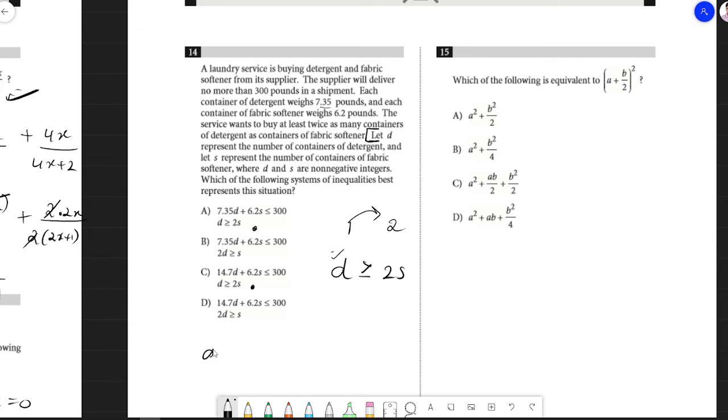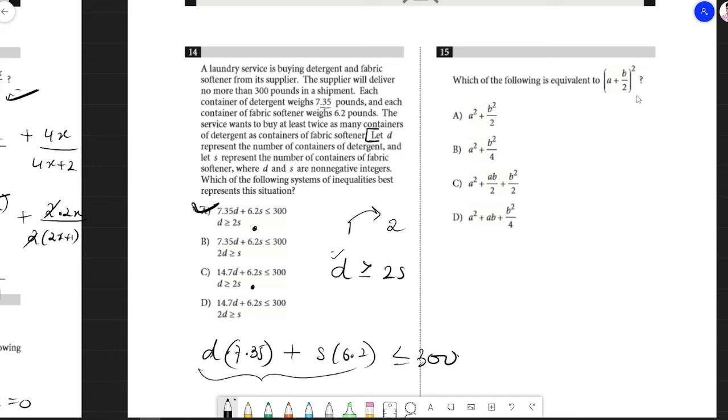So the total weight will be D times 7.35, because D is the number of containers of detergent. And for fabric softener, it is 6.2 pounds, so plus S times 6.2. The sum of both will be less than or equal to 300. So from that I can say that option A is correct.